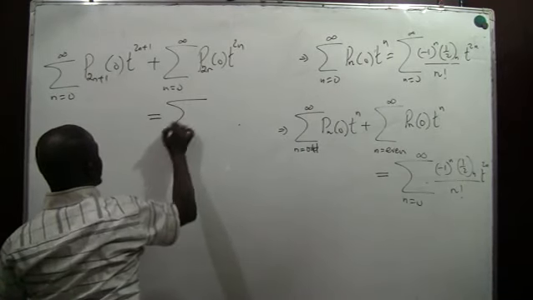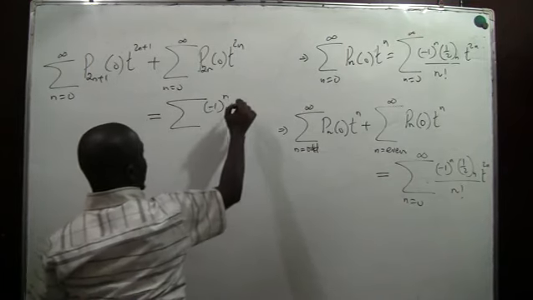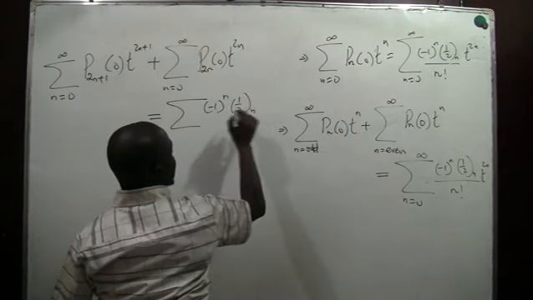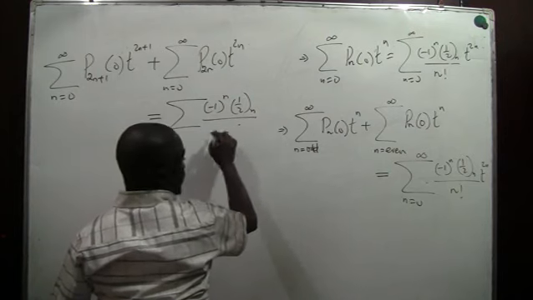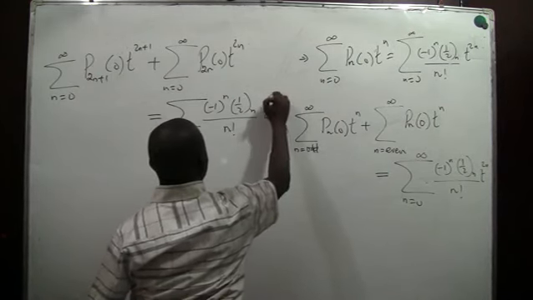Everything is the same thing as summation minus 1 raised to the power n, half sub n divided by n factorial, t raised to the power 2n.